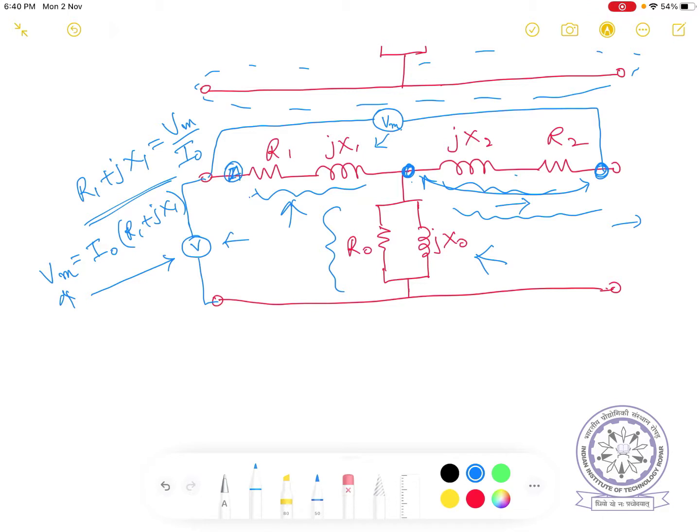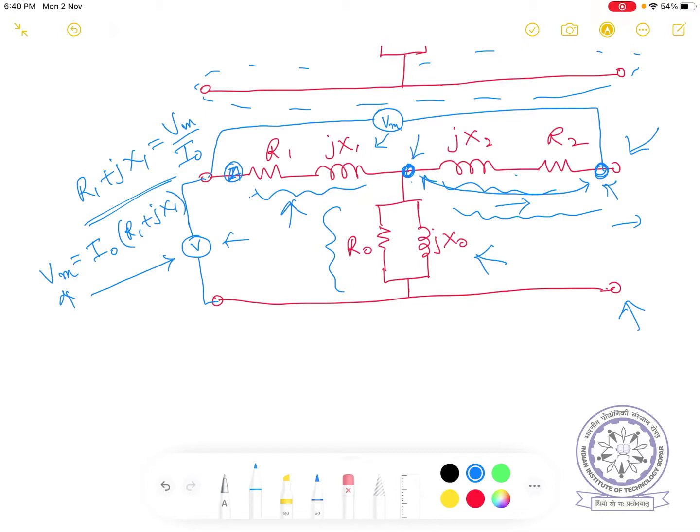Practical implementation. You have a transformer. How do you access these two terminals? That is very important. Because the voltmeter voltage has to be, this node potential has to be equal to this node potential.